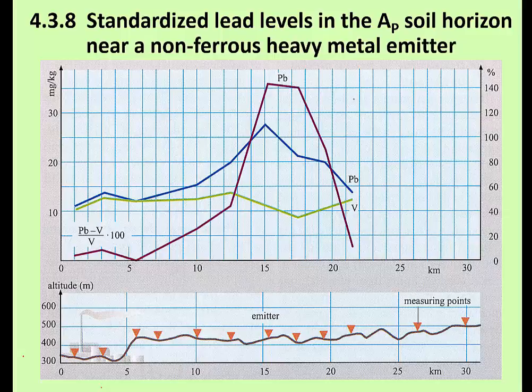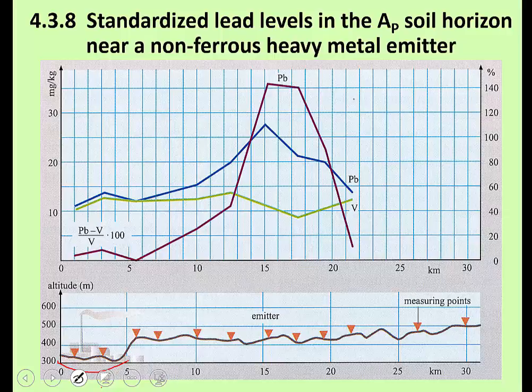So this chart is looking at lead levels from some sort of emission source, from an emitter. In this case, some sort of a factory that may be emitting lead. And the thing is that while lead is being emitted by this factory, there are other sources of lead that also produce some sort of background level in the soil.